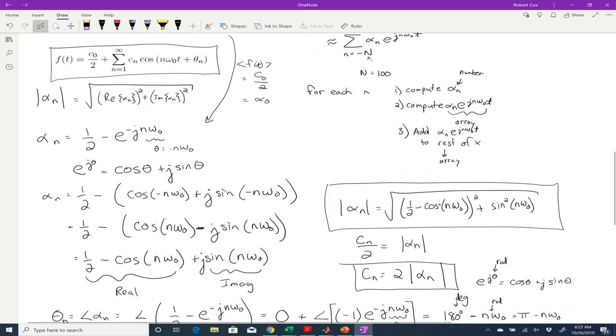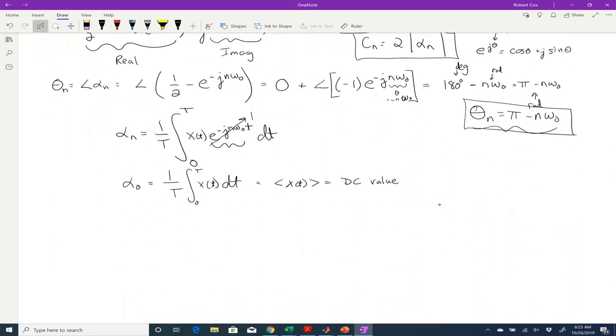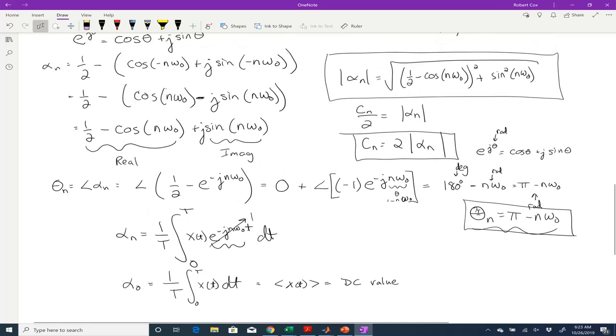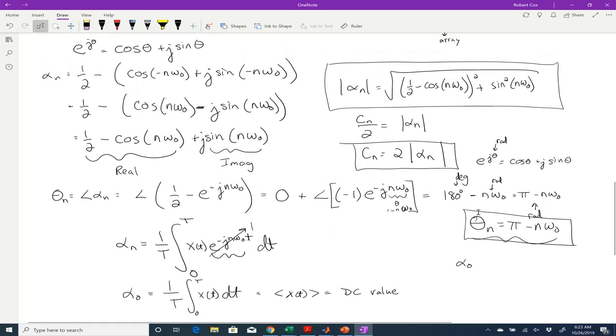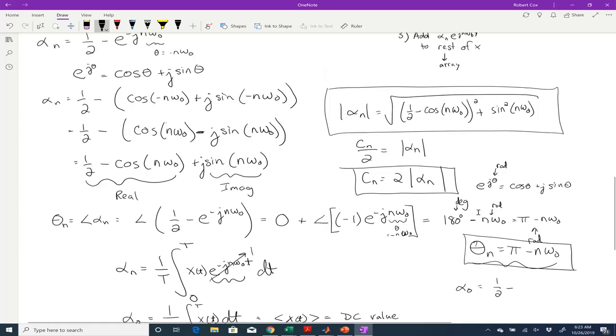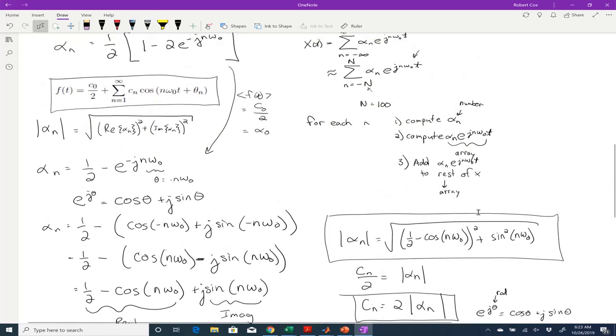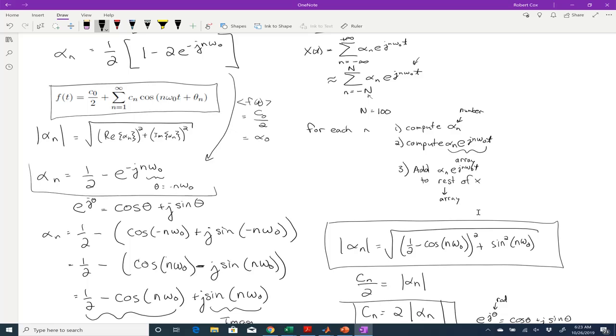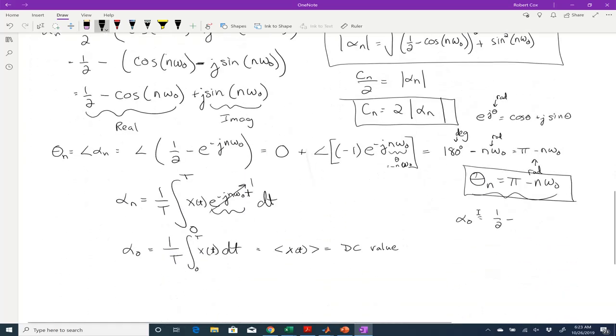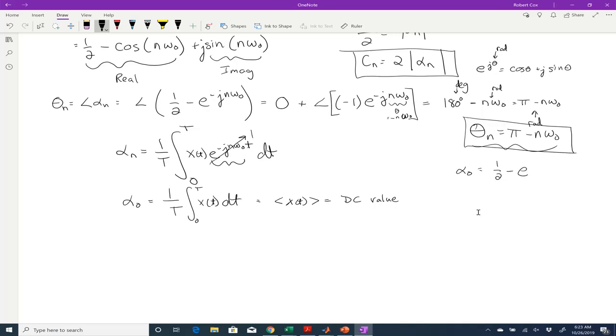is C naught over 2 is the average value, so that must also be equal to alpha naught. Okay? So what I'm going to do here is remind myself that I have these relationships, but alpha naught, which I calculated, is basically my alpha n. So my alpha n is just 1/2 minus e to the negative j n omega naught. So e to the negative 0.